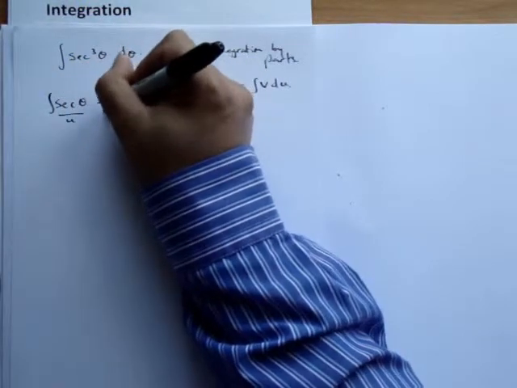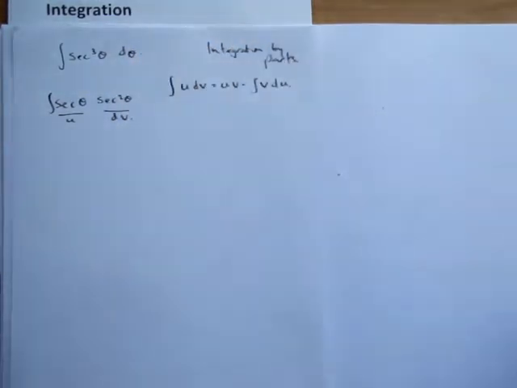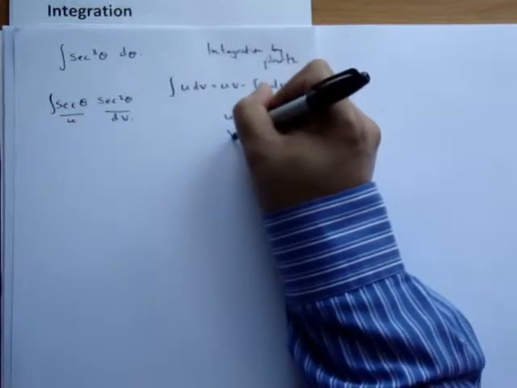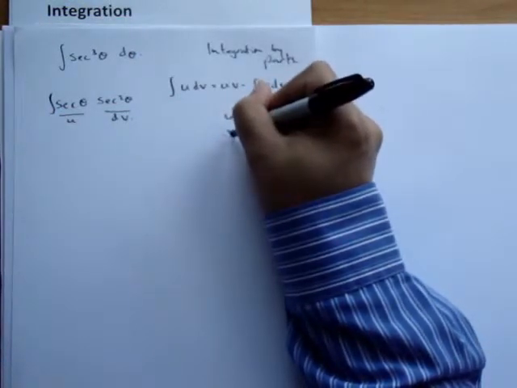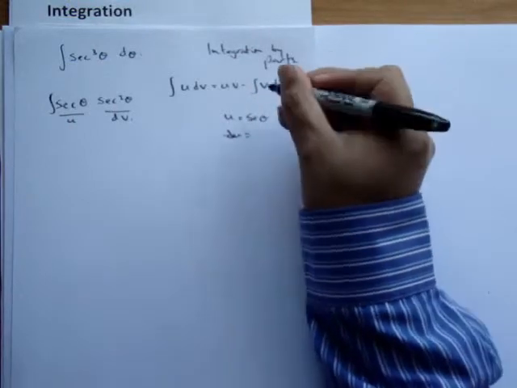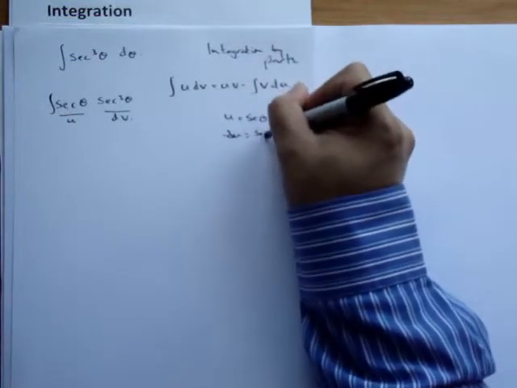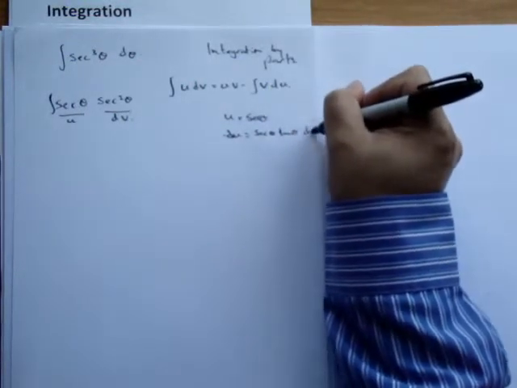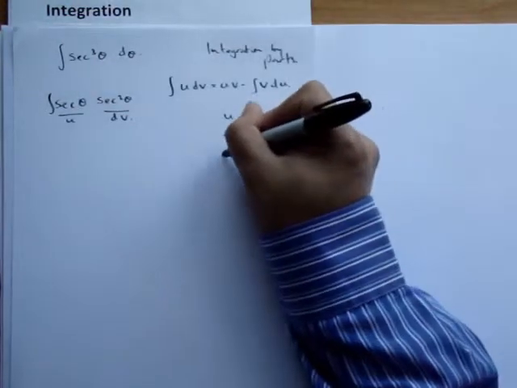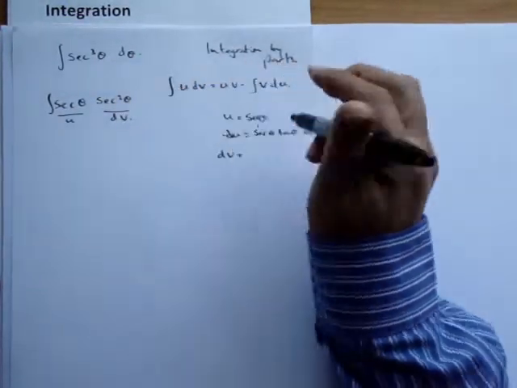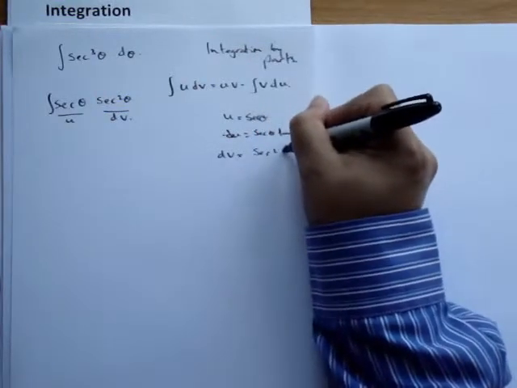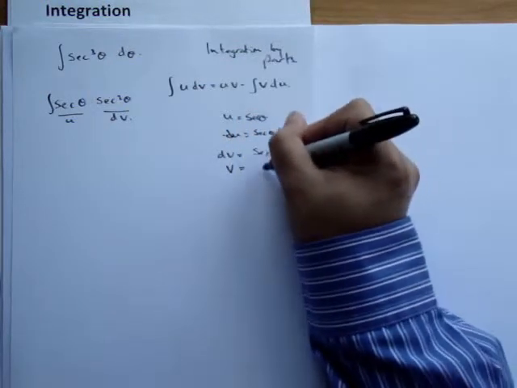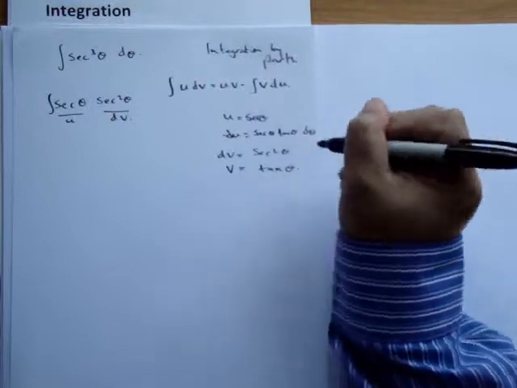So we let this equal our u and this equal our dv. So u equals secant theta, du equals secant theta tan theta d theta. Our dv is secant squared theta, and when we integrate that, our v is tan theta.